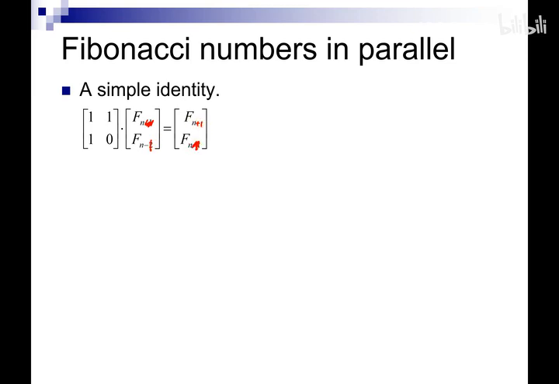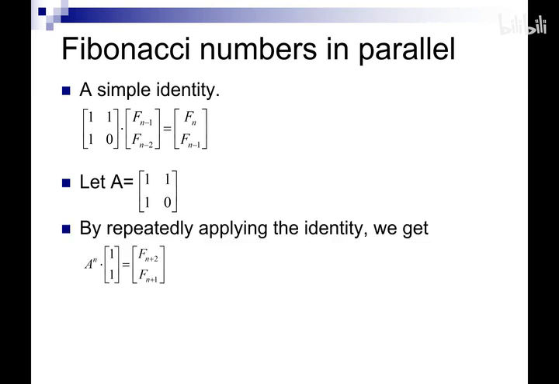So in general, what this means is that if you just keep multiplying, let's call this matrix A. If you start with the first 2 values in the Fibonacci sequence, then as you keep multiplying by this A, you get these later values. So in fact, if you multiply this by A n times, you're going to get the n plus second and n plus first values.